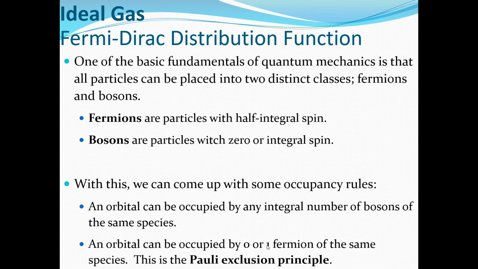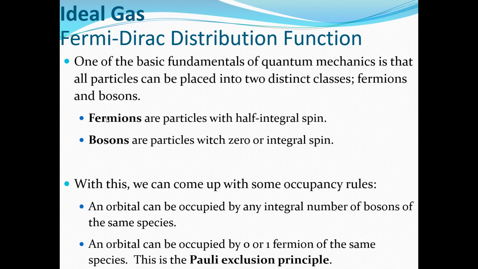A fermion can be either half spin up or half spin down. And when we are talking about the orbitals, then we can only have one fermion that's spinning up and one fermion spinning down, and that's it.